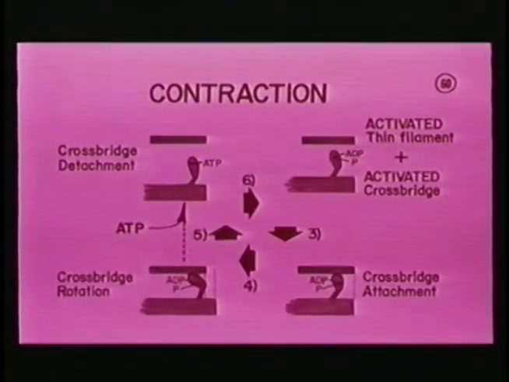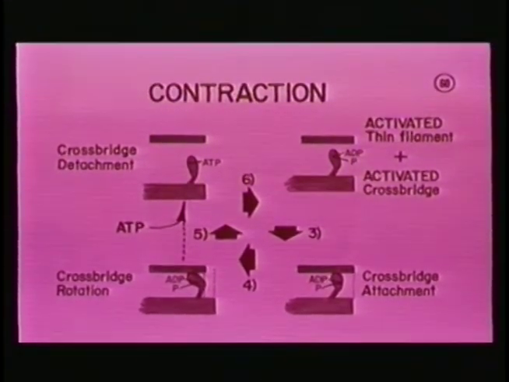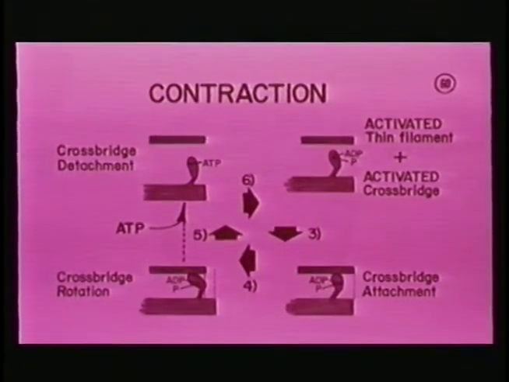Slide 60. Following translocation, ADP and P dissociate from the actomyosin. ATP enters again, dissociates the actomyosin complex, and the cycle is repeated. The entire cycle is shown on this slide.